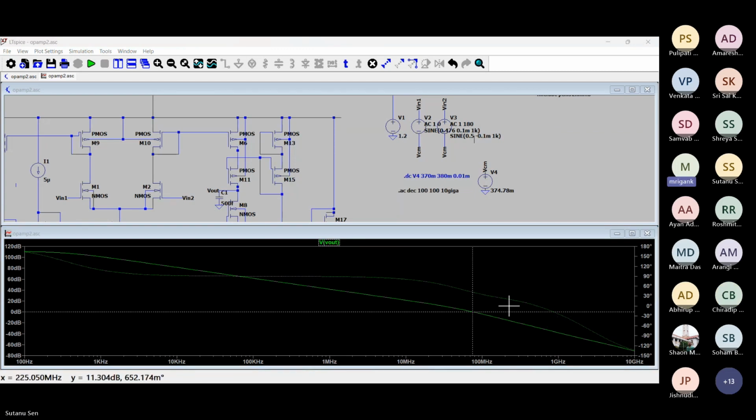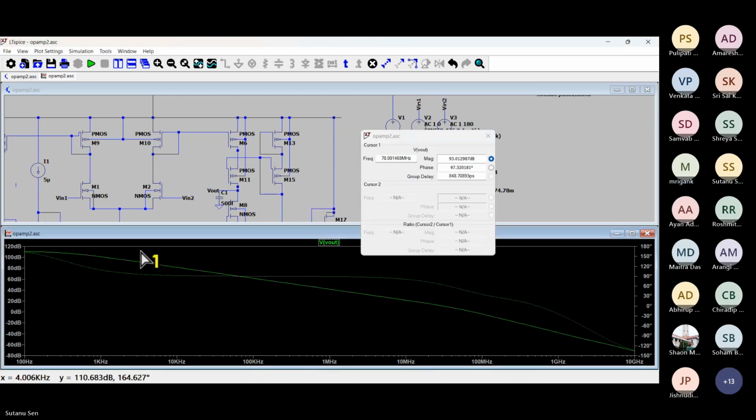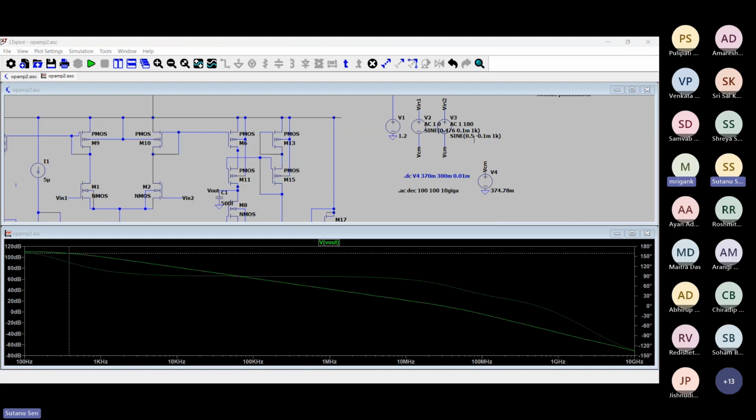Look at the 3 dB point, it is going very down because the gain has been increased. Yes, it has gone quite low, sir.